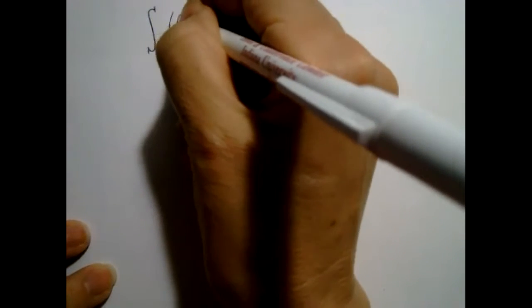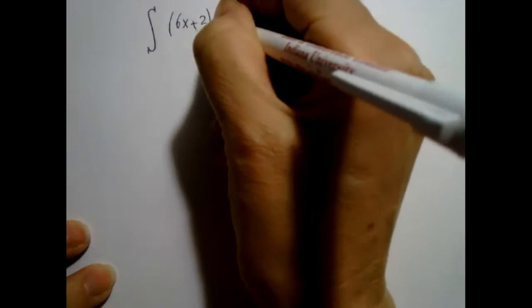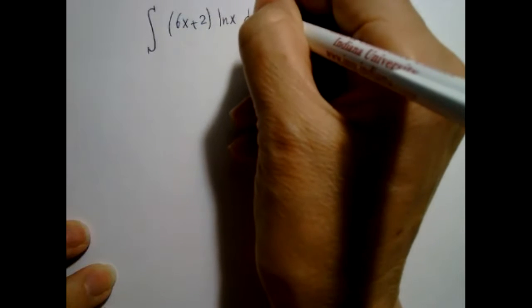I will take a very simple, very traditional problem. Suppose you have the following integral of, let us say, 6x plus 2 times ln of x dx.